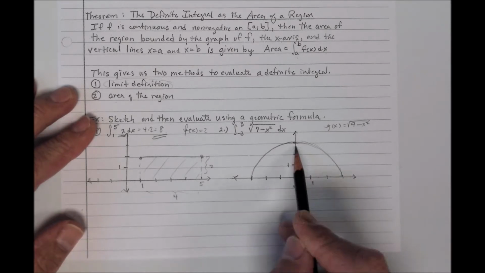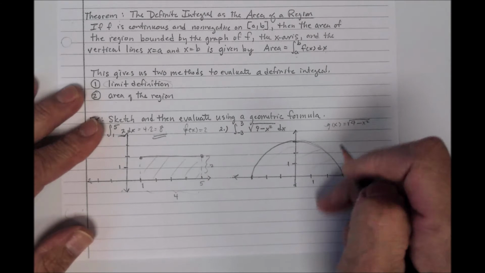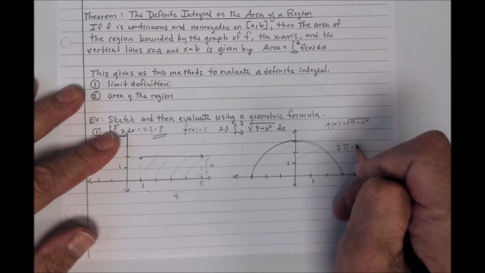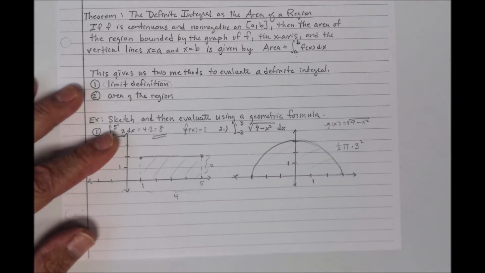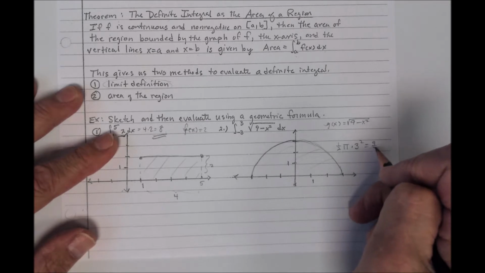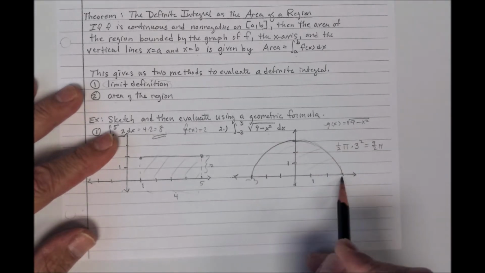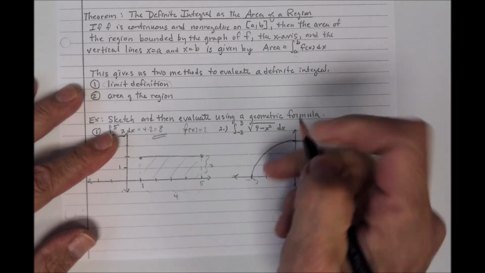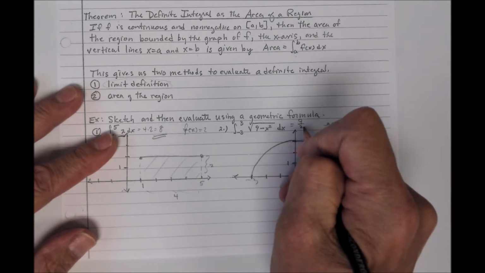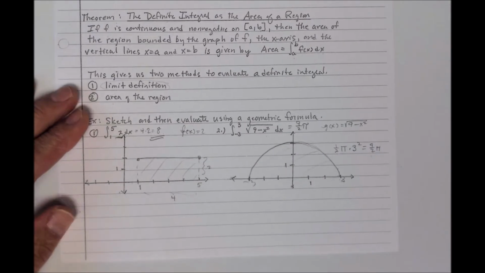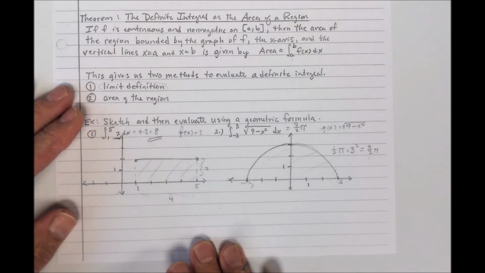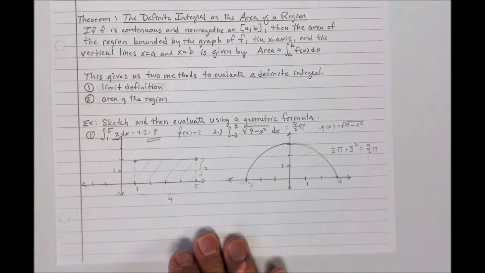So the area under the curve I could find by 1/2 pi r squared, and r is 3. So this is 9/2 pi. So this definite integral from -3 to 3 is equal to 9/2 pi. So we can use geometry to evaluate a definite integral, which is way cool.